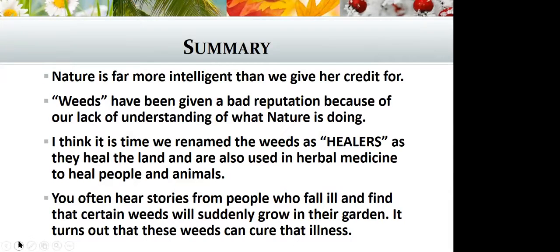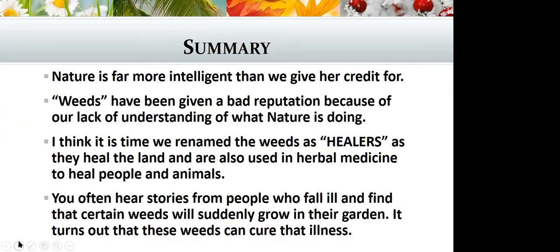So, a summary of that approach to the weeds: nature is far more intelligent than we give it credit for. Weeds have been given a very bad reputation because of our lack of understanding of what nature is trying to do through the weeds. I think it's time that we rename the weeds as healers, because they all tend to heal the land, and they're also used in herbal medicine to heal people and animals.